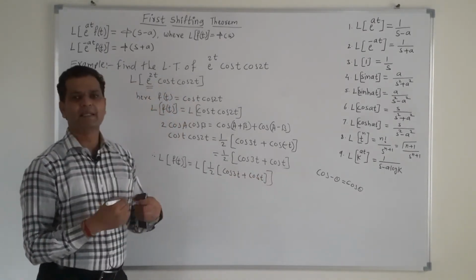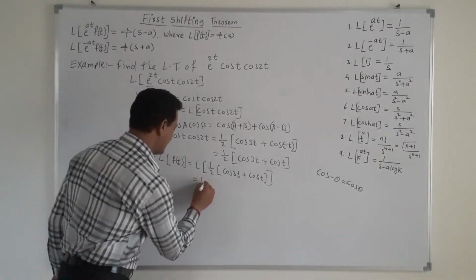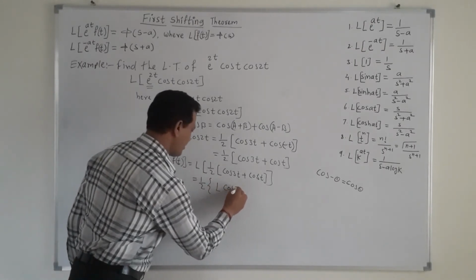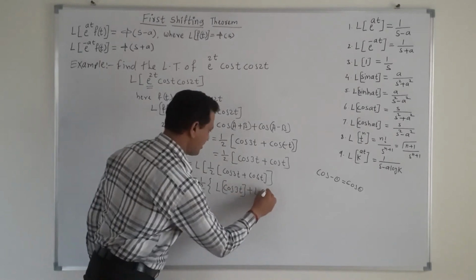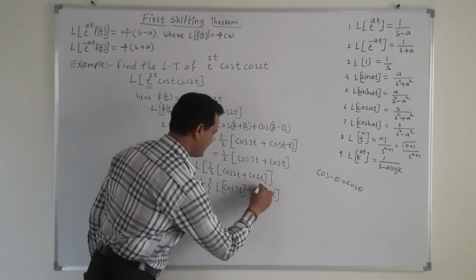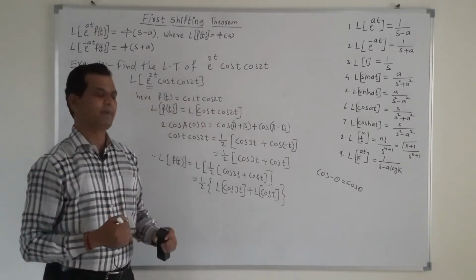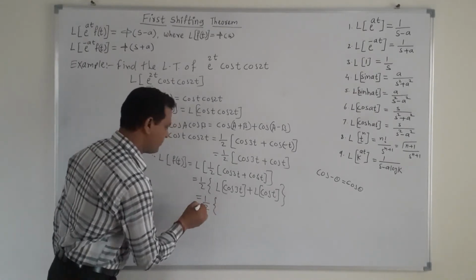If we apply the linearity property of the Laplace transformation, we get 1 upon 2 in brackets the Laplace transformation of cos of 3t plus the Laplace transformation of cos of t. This is because of the linearity property of the Laplace transformation.